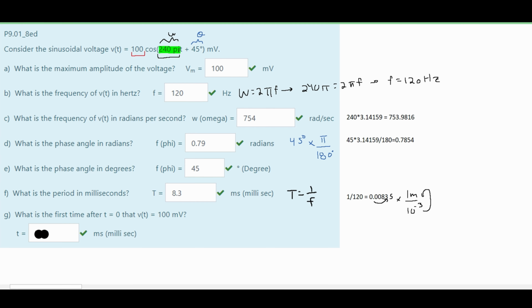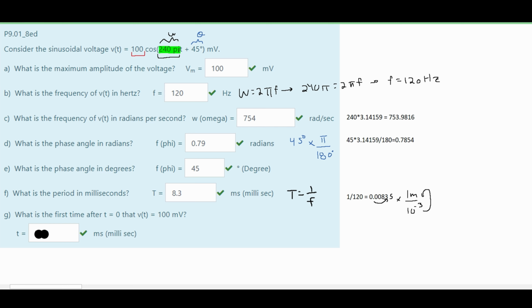Now for part G, this is kind of the biggest part. What is the first time after t equals 0 that v(t) is equal to 100 millivolts? We're going to plug everything in and then solve for t.